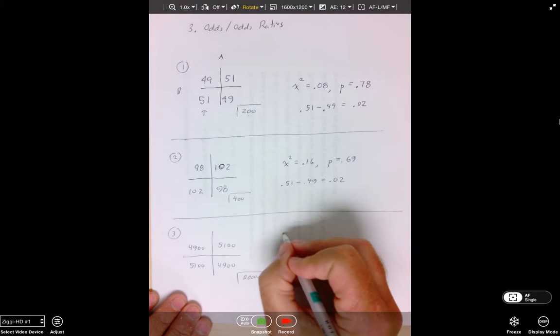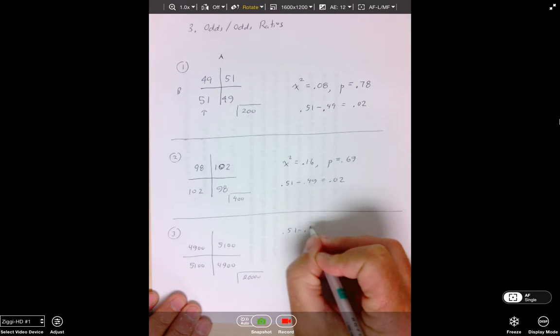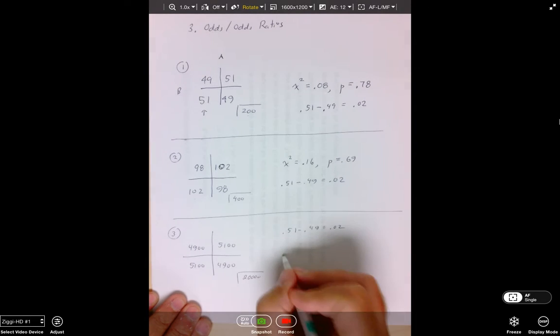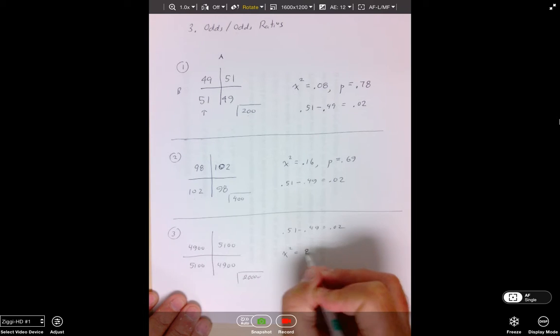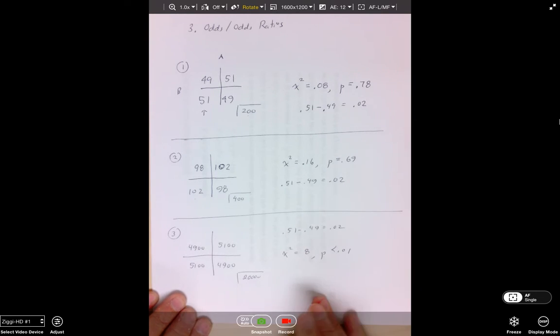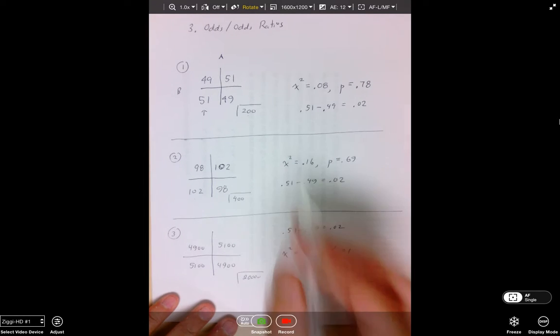Still, our difference in proportions is 0.02, but my chi-square statistic was 8, and my p-value was 0.005, which is statistically significant at the 0.1 level. Now, let's examine the odds ratio.